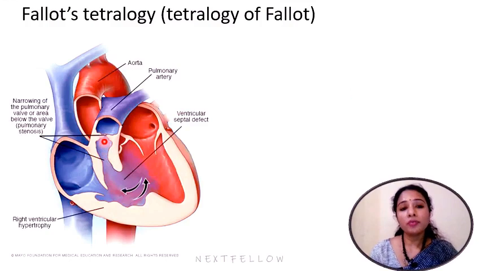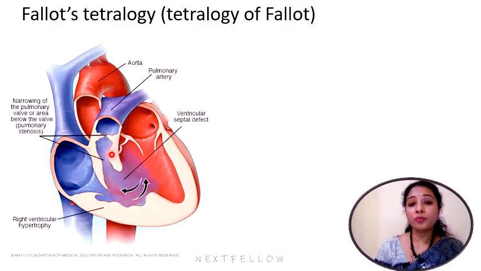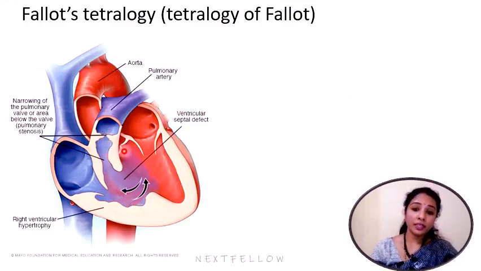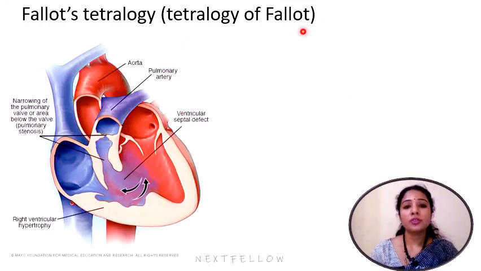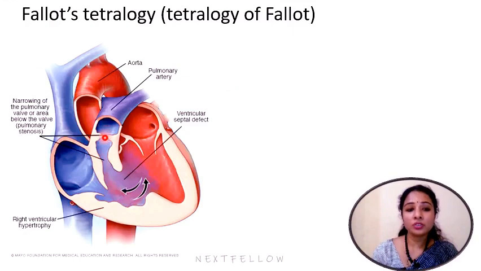Next, about the tetralogy of Fallot, that is four abnormalities in the development of the heart. This condition occurs due to the combination of four cardiac anomalies. One is the pulmonary stenosis. You can see narrowing of the pulmonary trunk is called pulmonary stenosis.